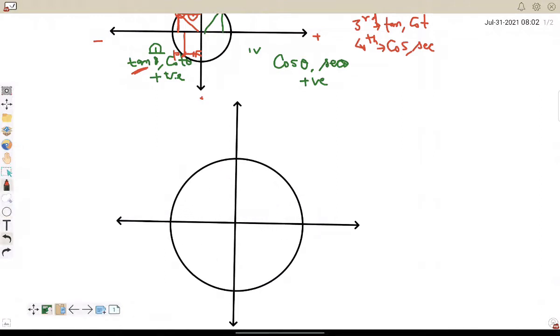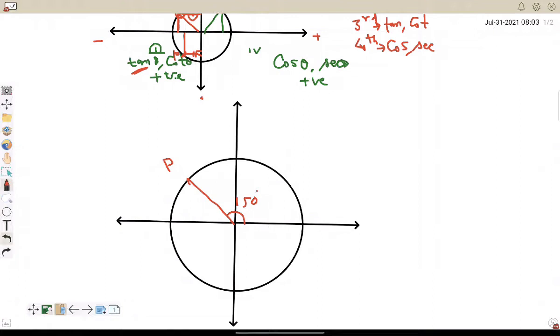Listen, if P is written here and we take this complete angle equal to 150 degrees. If you are applying the concept of reduction formula, then two things must be clear. The value of trigonometric ratios from 0 to 90 must be clear, and in which quadrant which value is positive and which is negative should also be clear.